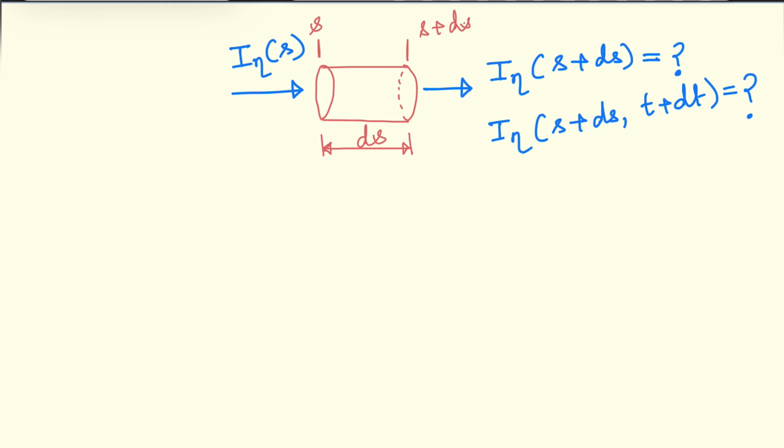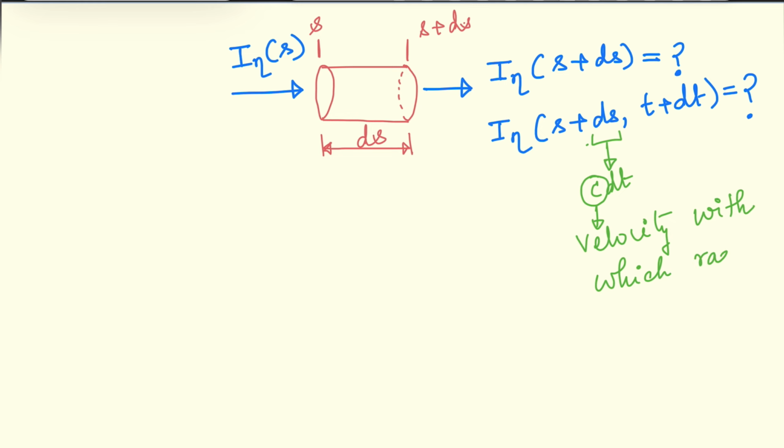Moreover, ds is nothing but c into dt, where c is the velocity with which the radiation ray is traveling.